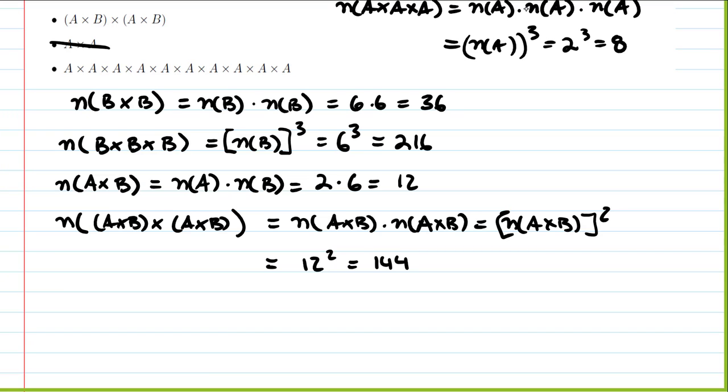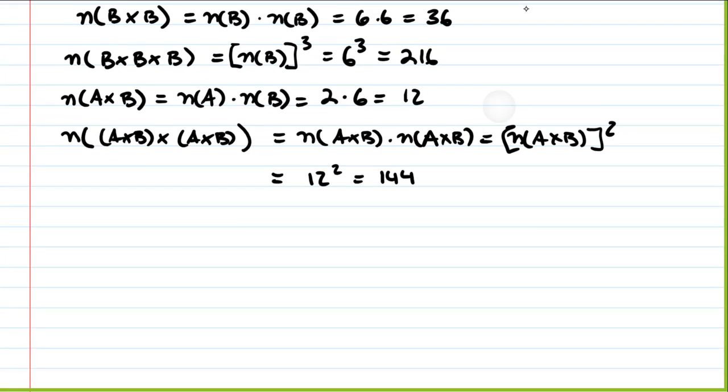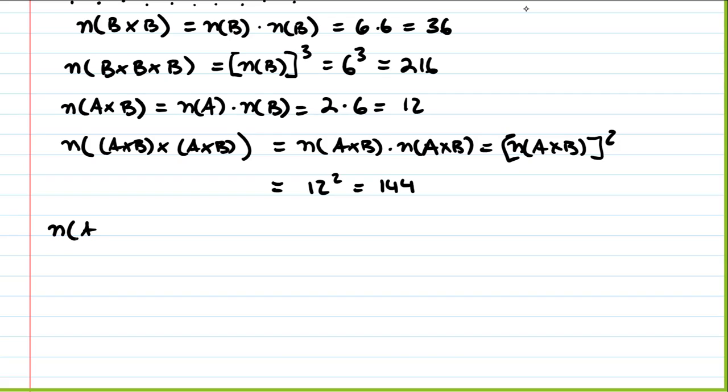So our next one is A cross A cross A cross A cross A cross A cross A. So let's count them. 1, 2, 3, 4, 5, 6, 7, 8, 9, 10. So the number of things in A cross A 10 times is going to be what?